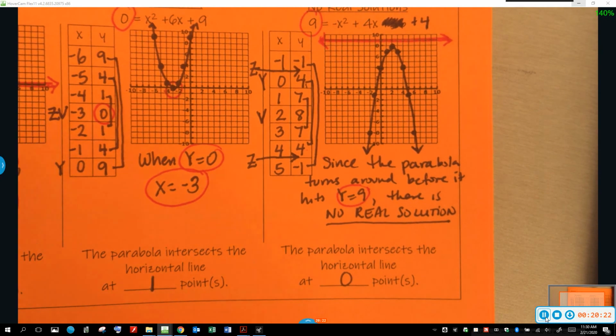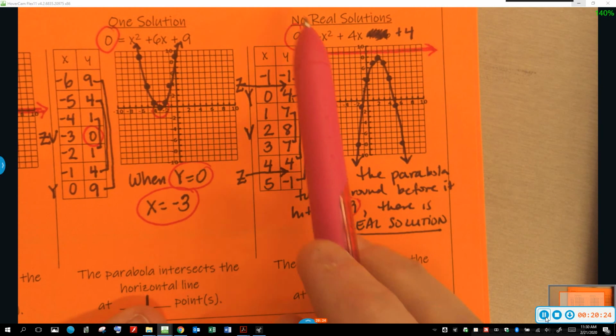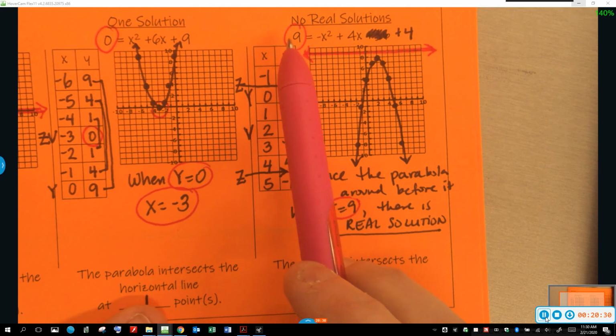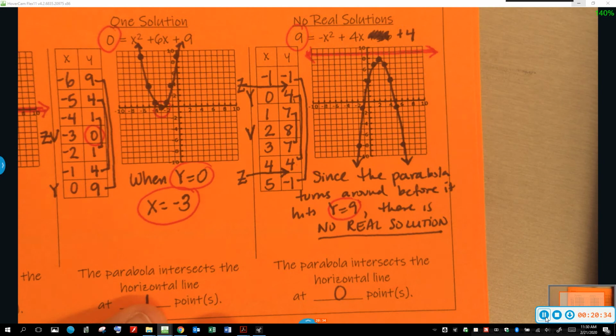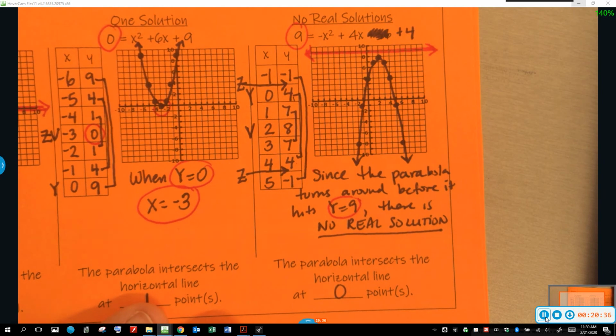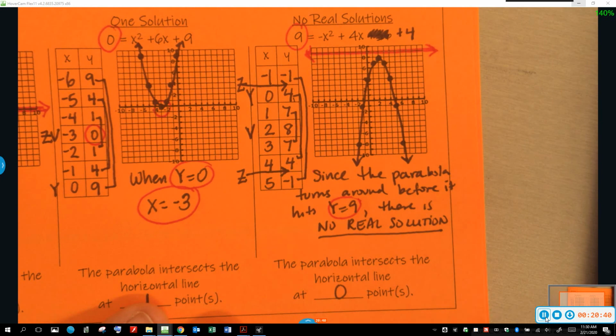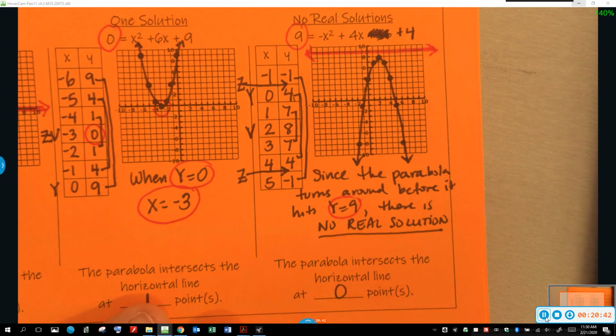Okay? The only time you're going to let y stay a different number is when you're looking at a graph. Every other time, we're going to set this equal to 0. That's the reason why, unless you're graphing, a solution is a value when y is 0.